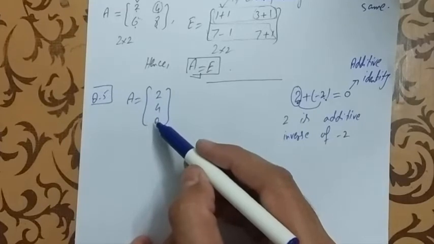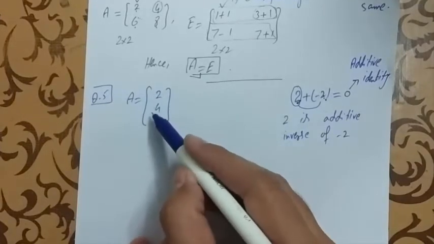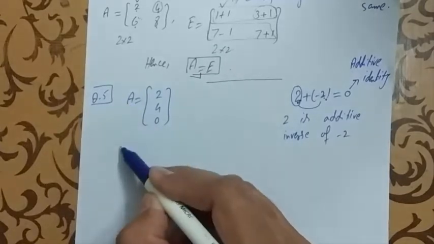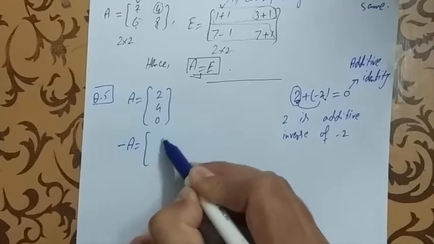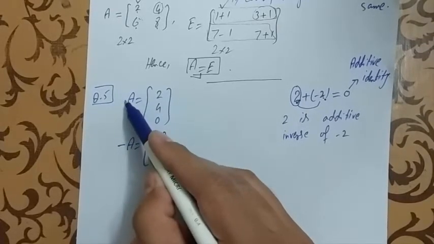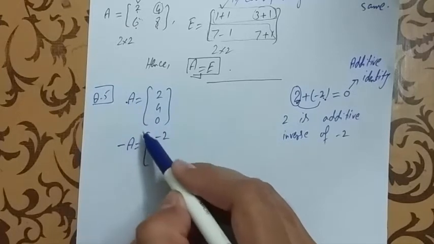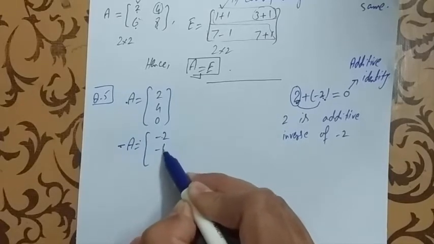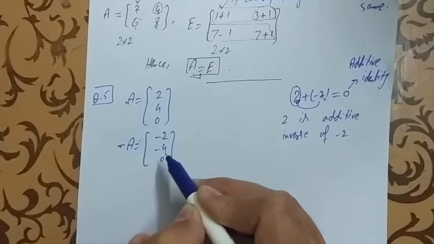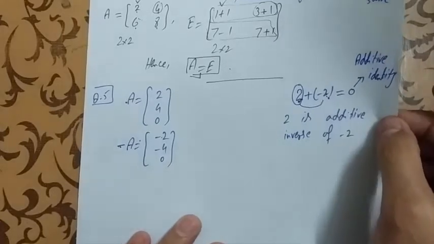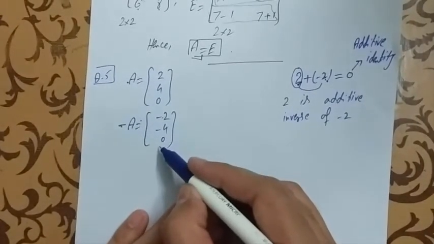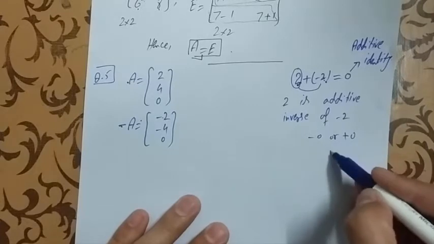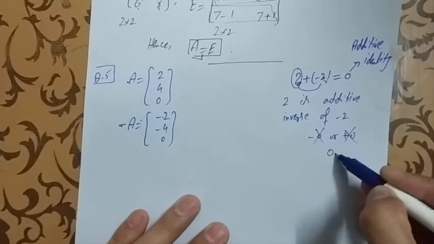Similarly, you can check how to find the additive inverse of A. We multiply it by minus, meaning minus 2, minus 4 and 0. For 0, whether you write negative or positive has no meaning. 0 is always 0, not minus 0 or plus 0, so we use only 0.